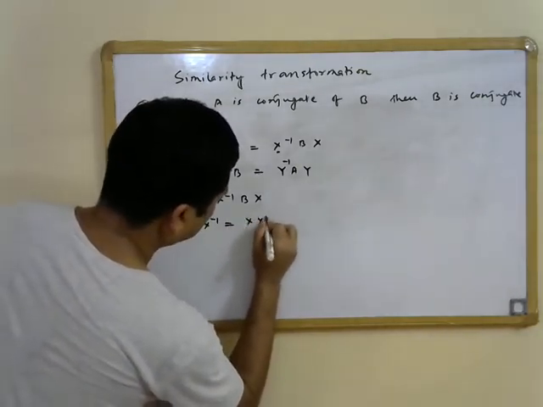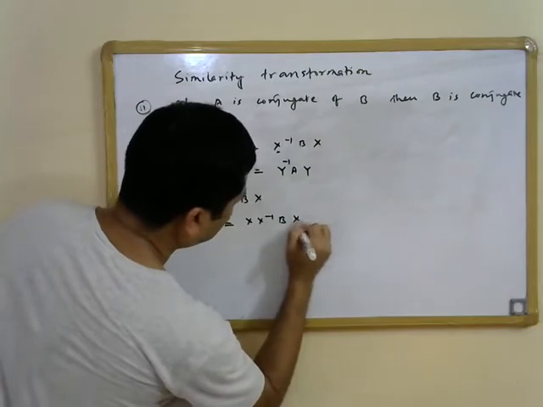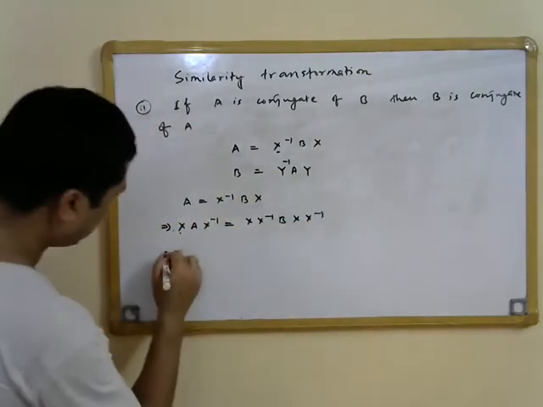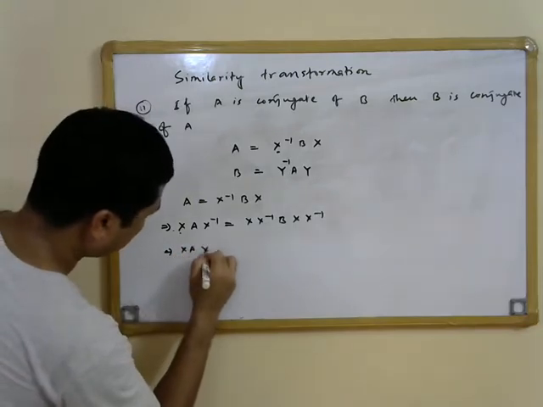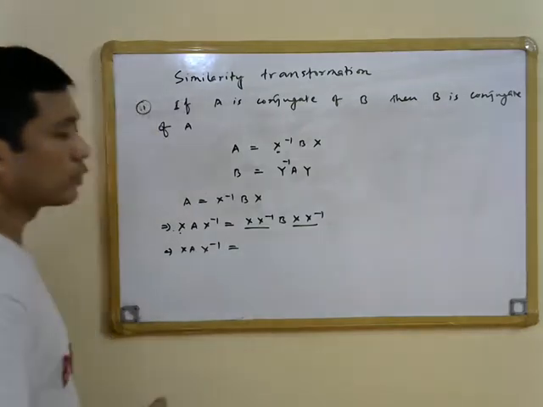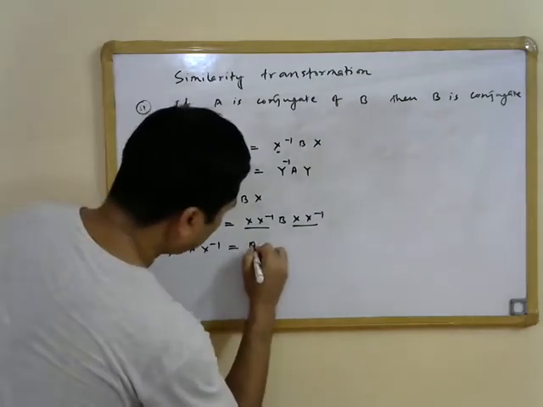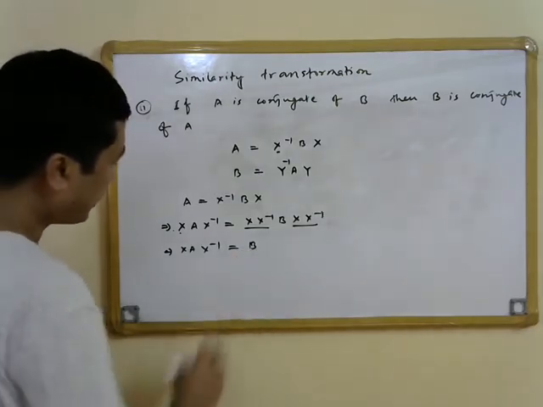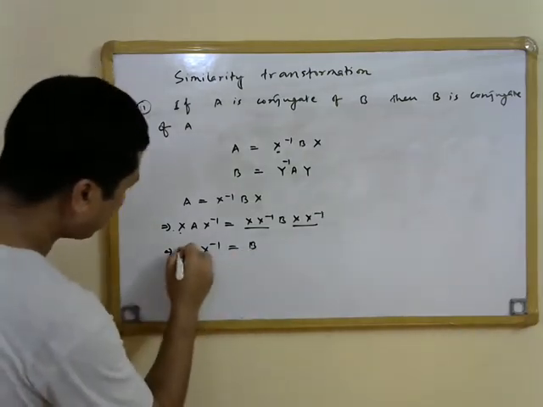So X, A, X inverse equals X, X inverse B X, X inverse. This is identity, as well as this is also going to be identity. So here on the right hand side only B will be left. So we have this expression.